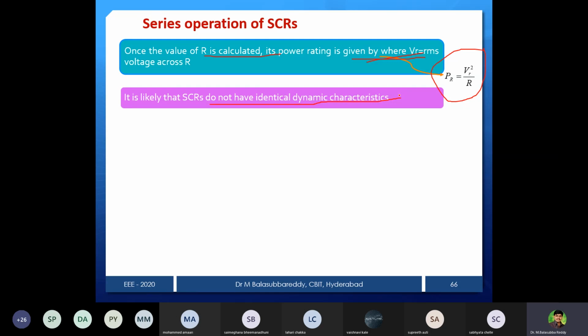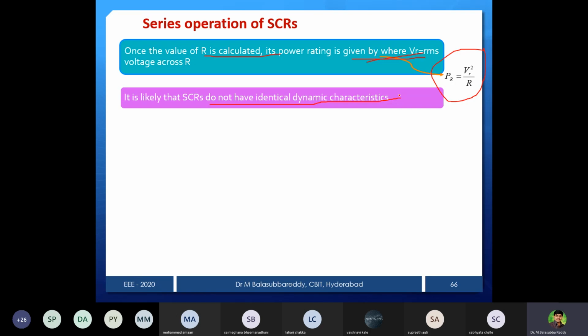To make them equal, I made the resistances across the junctions the same, so that the voltage shared by each SCR is going to be the same. For that reason, I make it one uniform resistance derivation. That value you have to connect in parallel with each SCR, then automatically the voltage shared by each SCR will be the same under steady state condition.